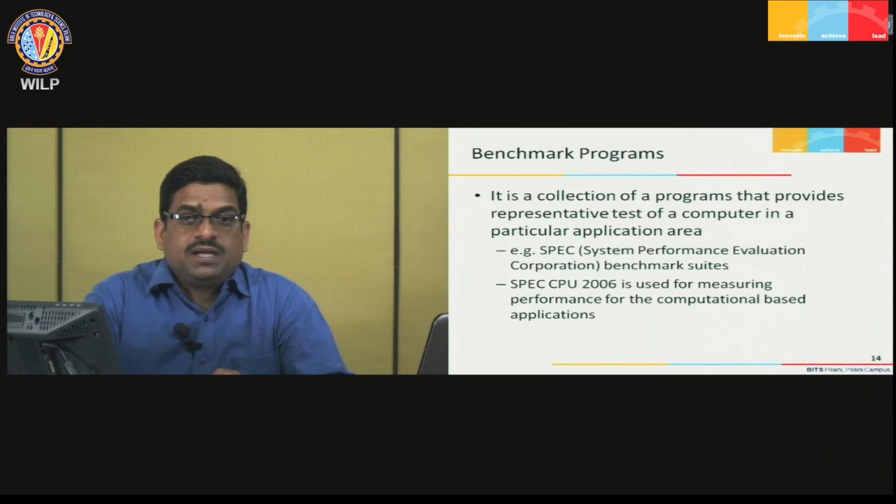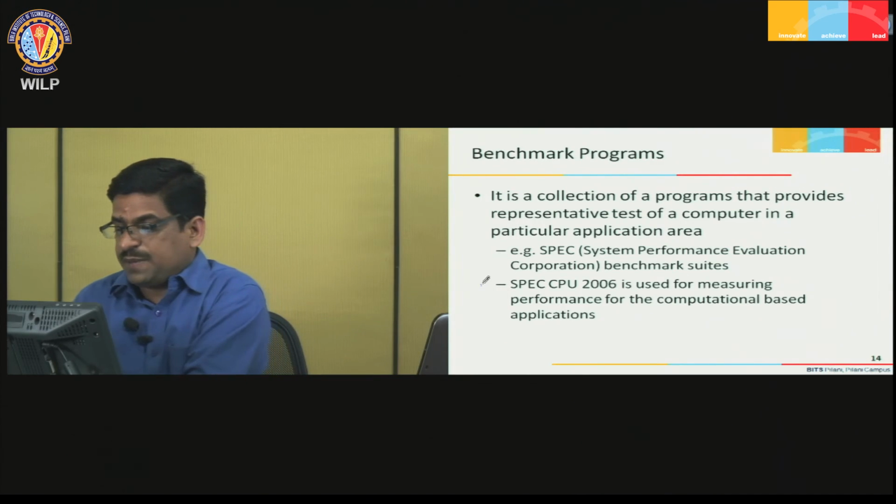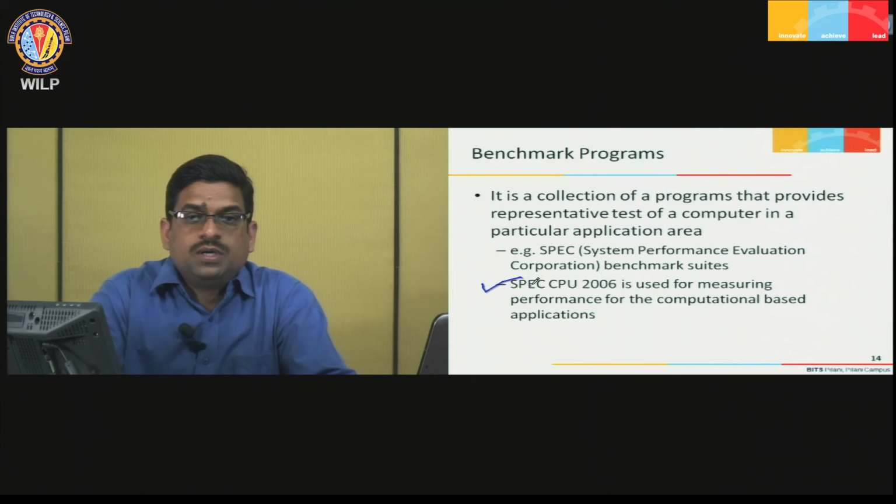Benchmark programs also differ in terms of what kind of programs they contain. Say for example, SPEC CPU. SPEC is one set of benchmark programs. It stands for System Performance Evaluation Corporation. They provide some benchmark suites for measuring the performance of computers or processors. One of the benchmark programs from SPEC is SPEC CPU 2006.